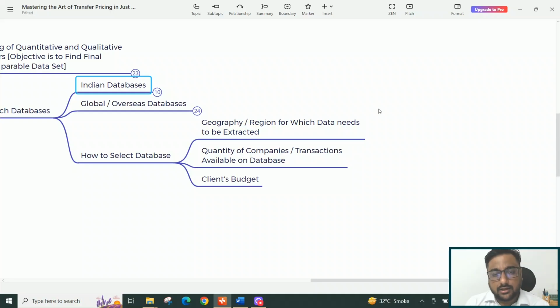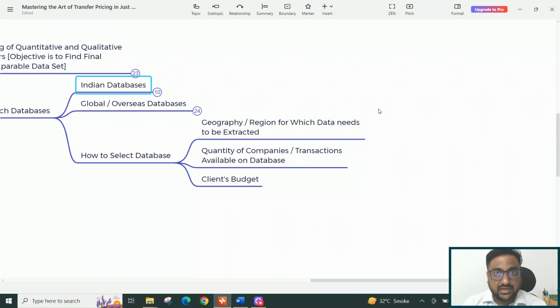The second consideration for selection of database could be that you would require more number of comparables. At that point also you should try going with the database which has more company data compared to the other databases which have less data.